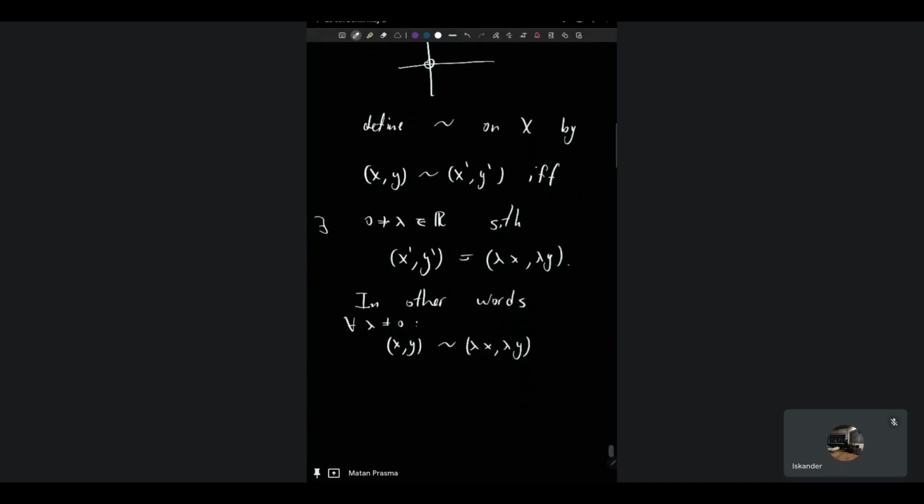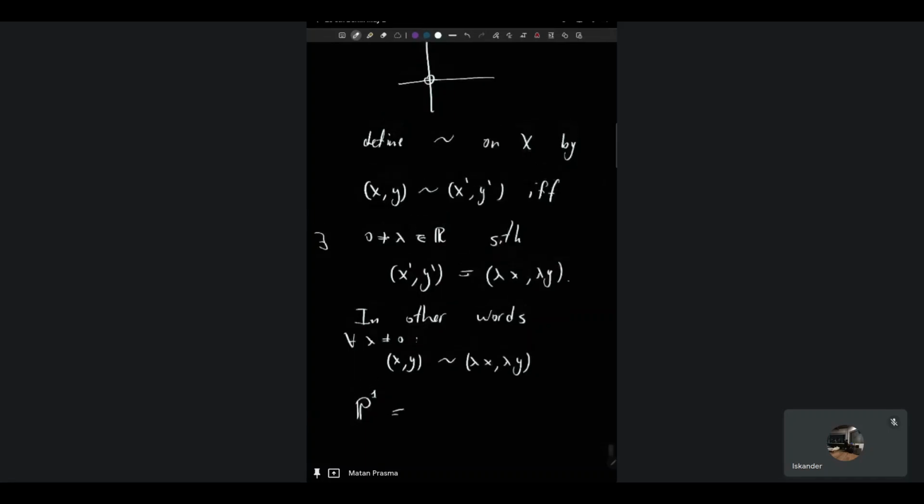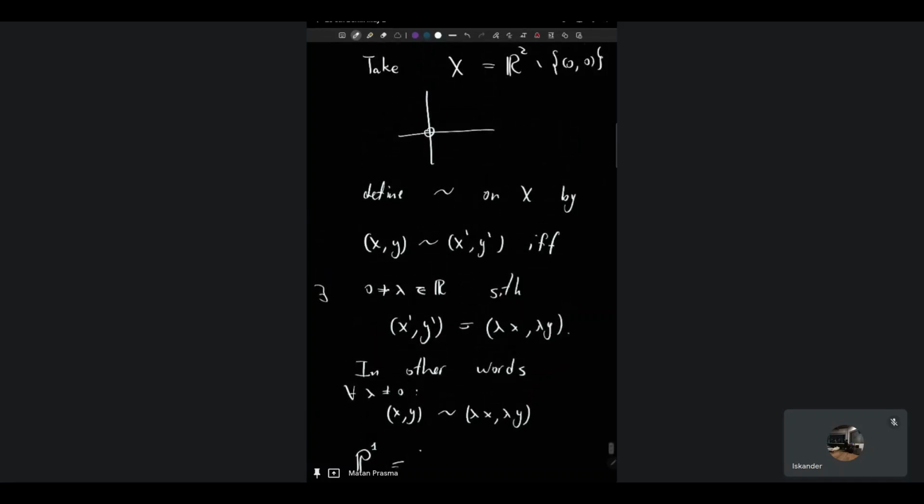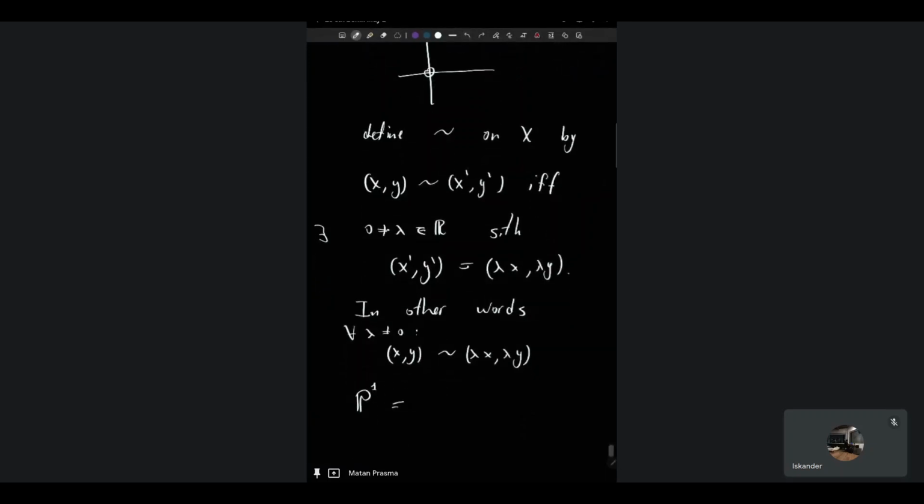And so now I define the projective line to be the quotient of this set X, or let me just write it explicitly: the set of all points in the two-dimensional plane that do not include the origin, modulo this equivalence relation.